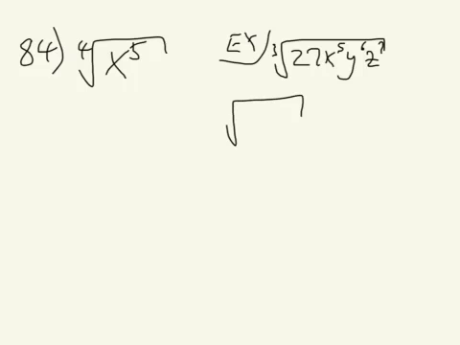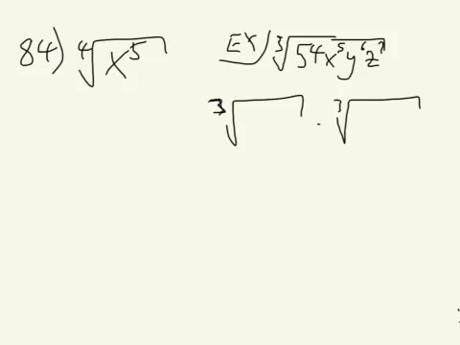So let's break this into what is cube rootable and what is not cube rootable. Still getting the hang of this stylus. Oh, not 27. Let's change that. That's too easy. Make that 54.